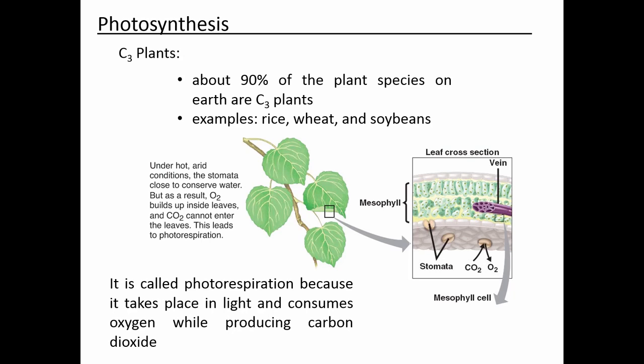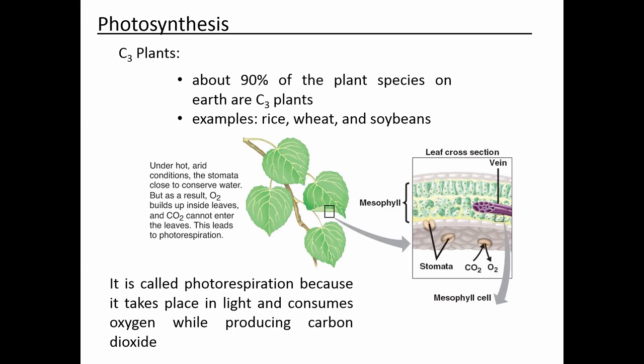And in C3 plants, initial carbon fixation, and when I say initial carbon fixation, I mean when is carbon dioxide first fixed to an organic molecule? In C3 plants, initial carbon fixation happens through rubisco in the first step of the Calvin cycle. So in C3 plants, this is initial carbon fixation.